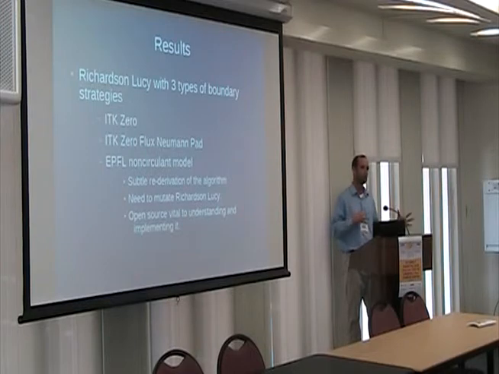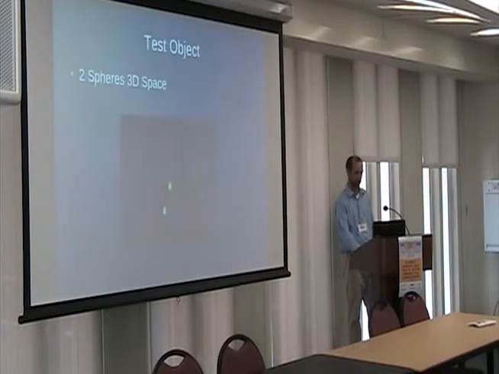If 3 people all told you they did Richardson-Lucy, you'd assume that all 3 were doing the same thing. But with any complicated algorithm, the details of how you went about implementing it are really, really important. So that's where the open source comes in: it's almost impossible to tell exactly what's going on without the source.